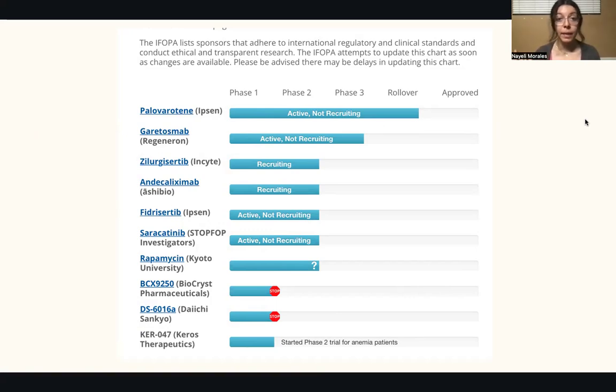It has not been updated, but basically it just shows different medications that they're working on and the phases that they're on, right? Like the clinical trials, phase 1, 2, 3, 4, rollover, approved, and palovarotene was approved. So basically, it should be all the way over here. And the second to last and third to last were stopped.